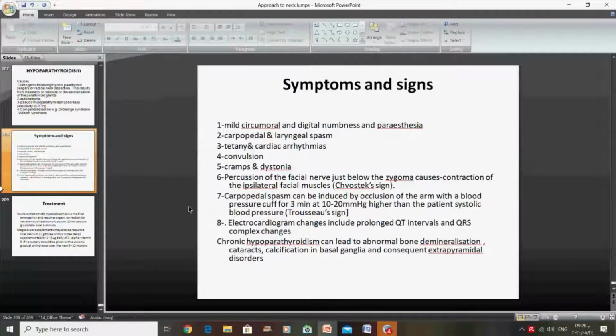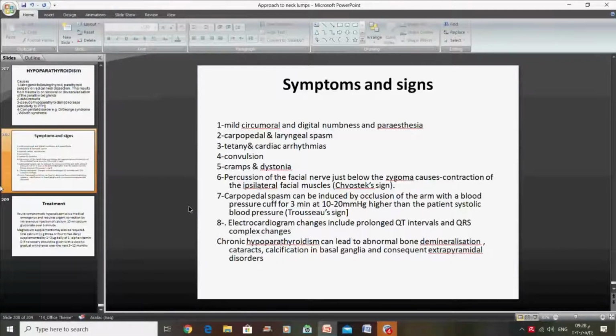Chvostek's sign شنو؟ Percussion of the facial nerve just below the zygoma causes contraction of the ipsilateral facial muscle. Trousseau's sign: تخلي الكف مال blood pressure على الذراع تنفخه، طبعا أول مرة تقيس الضغط مالته السيستوليك مثلا 120، تصعده إلى 130 أو 140، تخليه لمدة 3 دقائق، راح تشوف شنو؟ كاربل سبازم، يصير عنده كاربل سبازم.